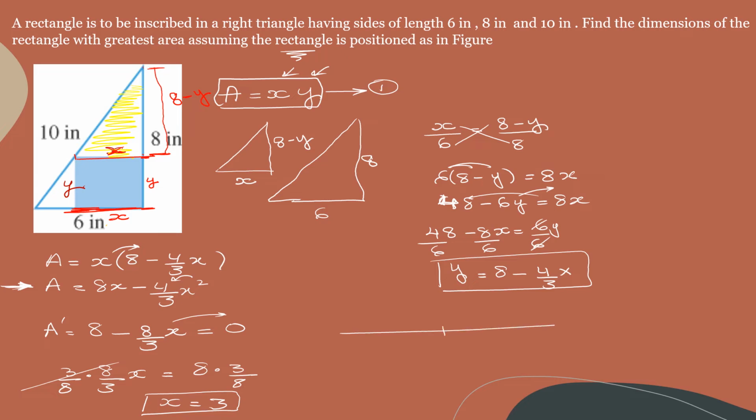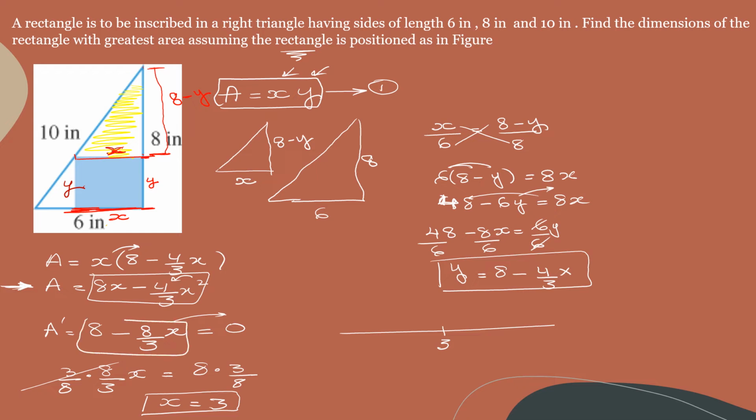Now let's see whether we are right or wrong. This is our 3, right? Now put this 3 in the first derivative test in order to show that yes, this is maximizing our area. This is my derivative.